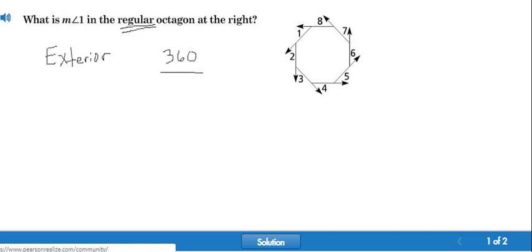So all I have to do is 360 divided by 8. That's going to give me 45 degrees for each of them. So if I was trying to find out what the measure of angle 1 was, it would equal 45 degrees. We'll just underline it right there.